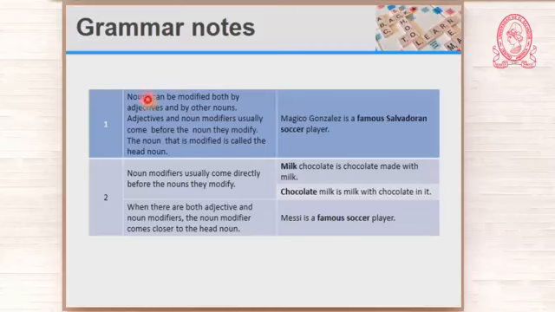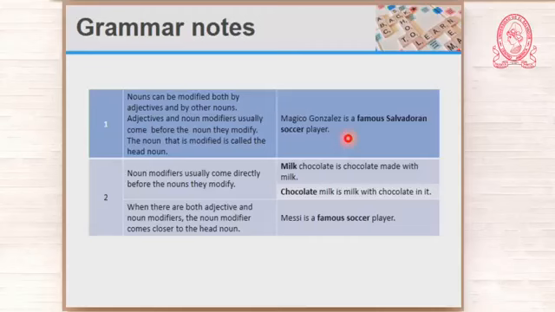What else? Here we have adjectives and noun modifiers usually come before the noun they modify. And the last one in this part, the noun that is modified is called the head noun. Here we have a sentence. Mágico González is a famous Salvadoran soccer player. Question, what is the head noun?